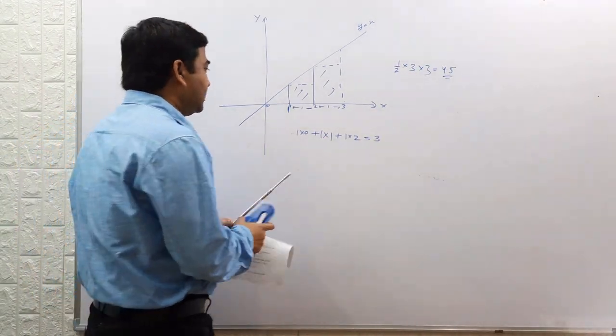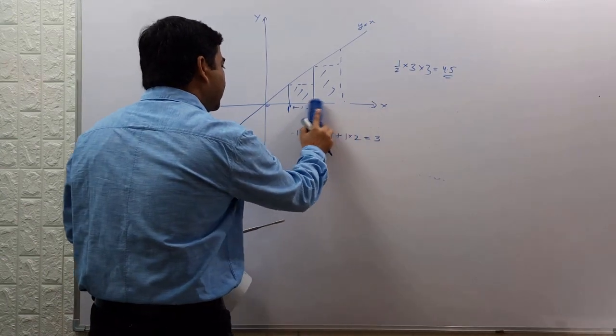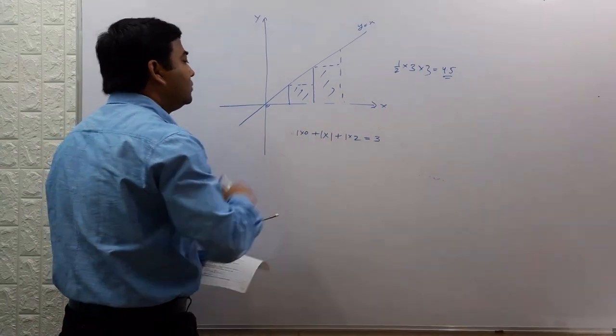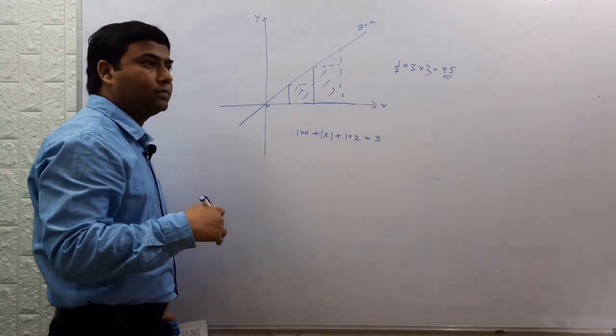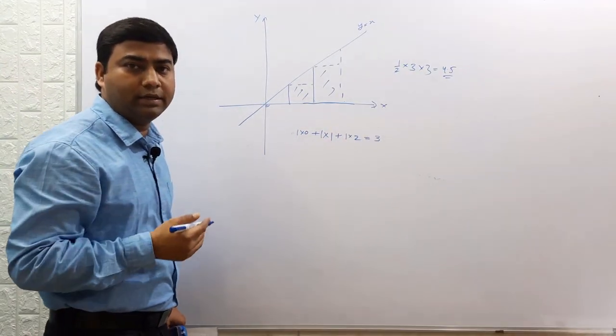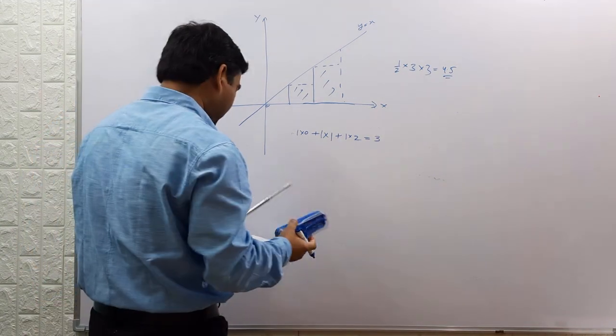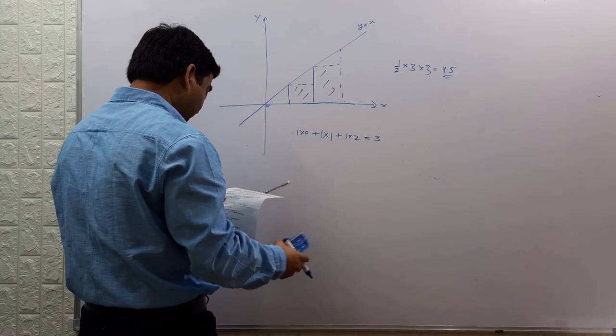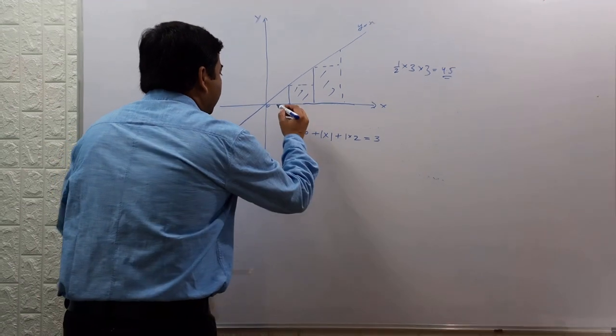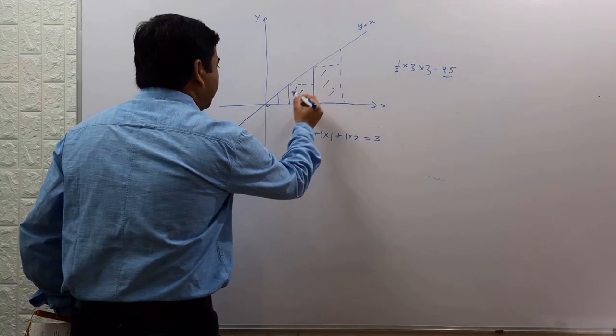Again, what does the method of exhaustion say? The more small elements, the more accurate the area. So we will further divide it into width of 0.5.